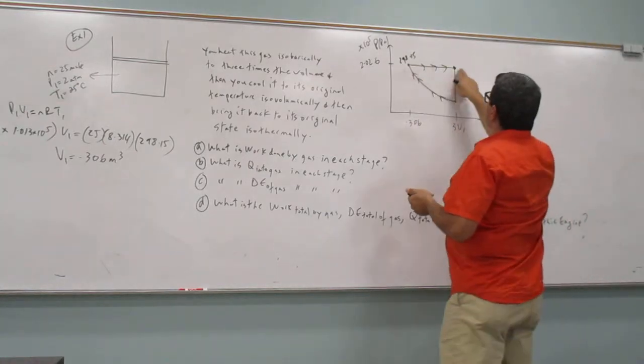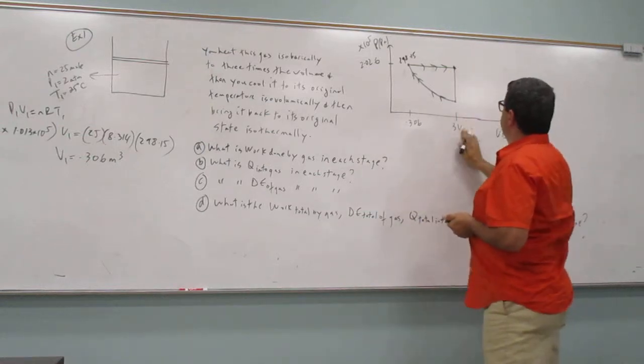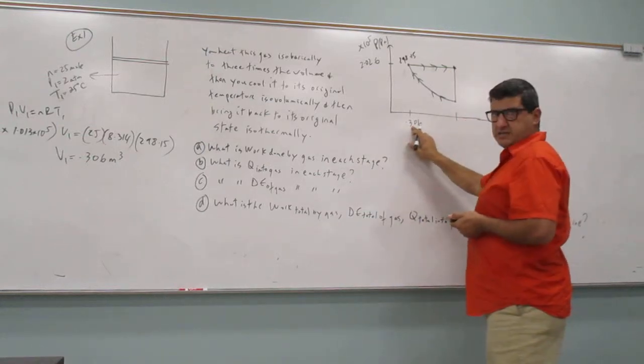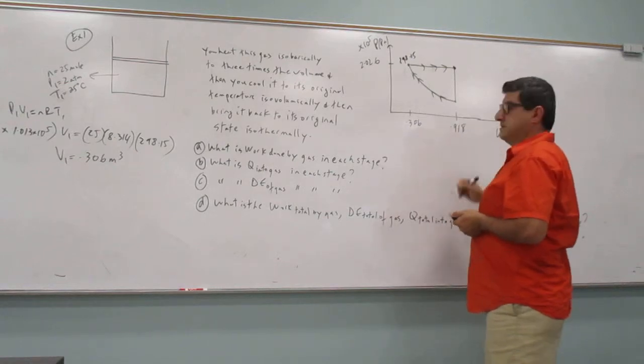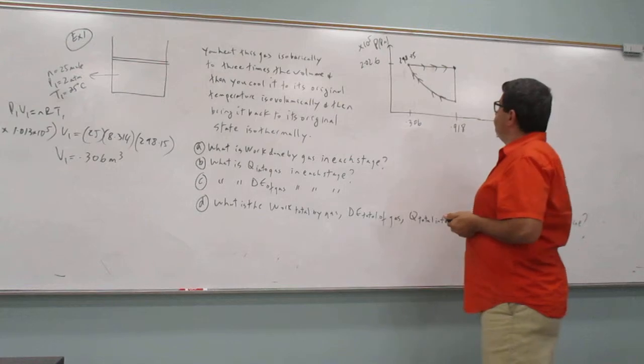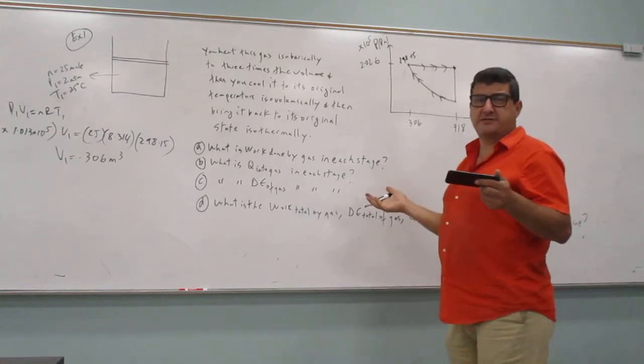So now if you're going isobarically, 3 times the volume, so we already know the volume is going to be 3 times this, right? So then that's going to be 0.918. The pressure is going to stay the same, so what's going to be the temperature?